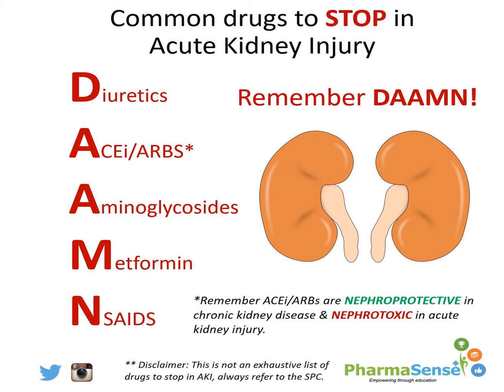Aminoglycosides, those are antibiotics. We'll talk about them, don't worry. And they are nephrotoxic for sure. I mentioned another one called vancomycin, nephrotoxic. Metformin is a diabetic drug, a very common oral anti-diabetic drug.